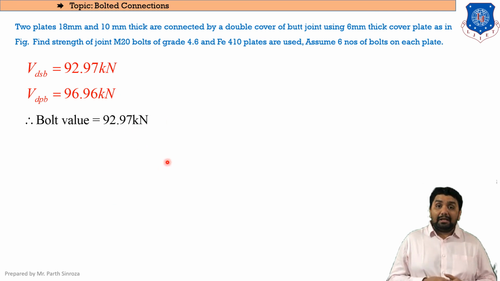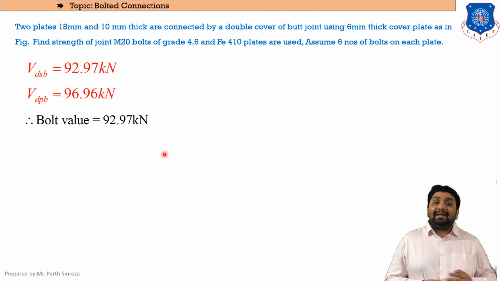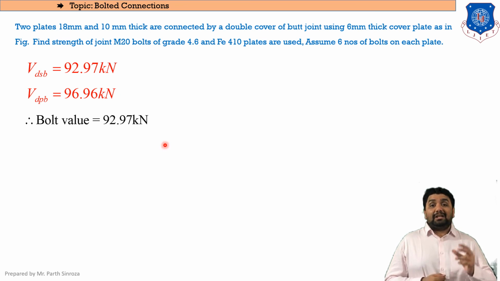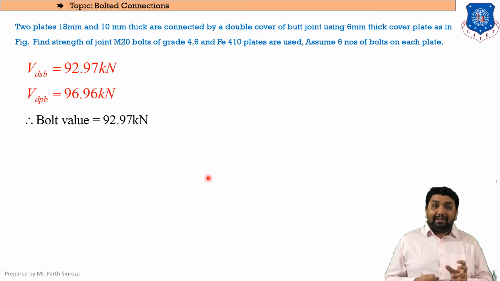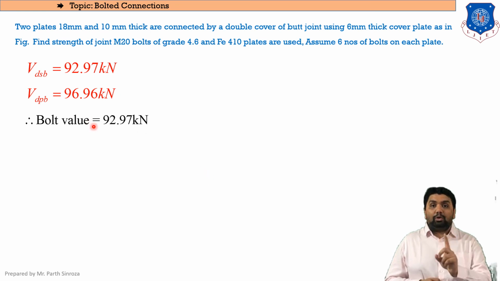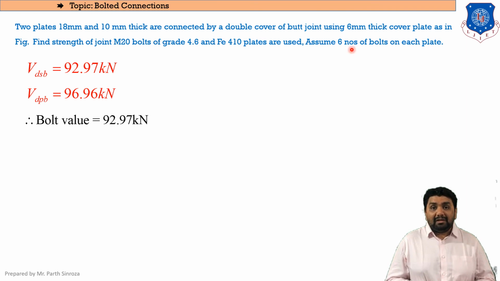But keep in mind here, we are not supposed to find the number of bolts, clear? So the next step won't be to find the number of bolts, as the number of bolts is already given in the question. Now what to do? Here in this case we need to find the strength of joint. We have already identified the bolt value, that means strength of one bolt. Bolt value will always be the strength of one bolt. Now in the question it is given that the total number of bolts is 6.